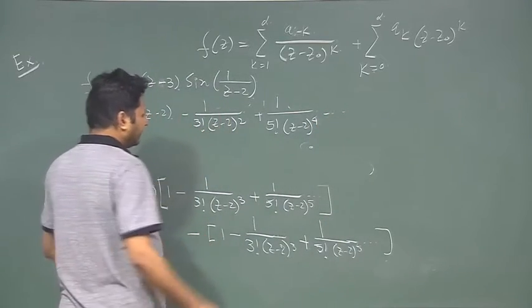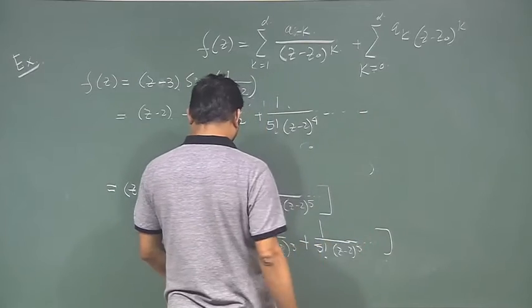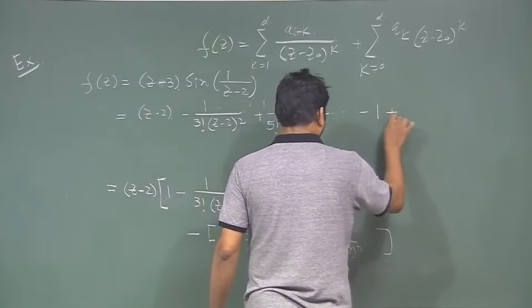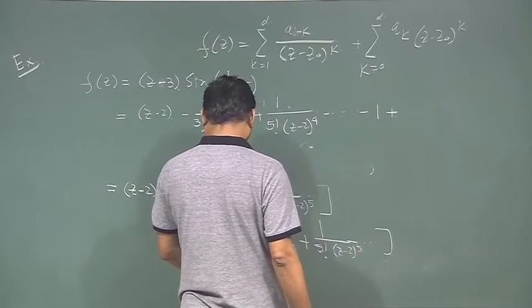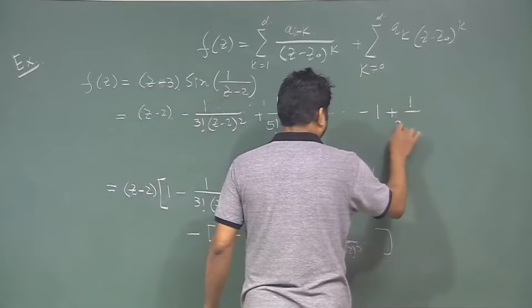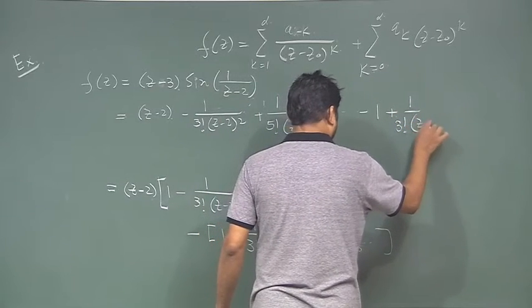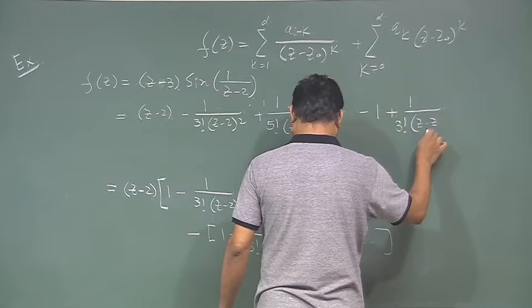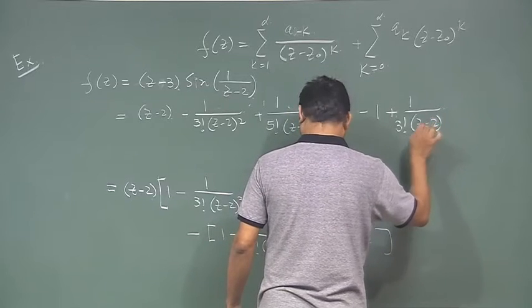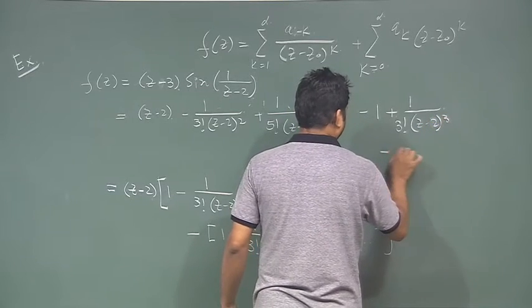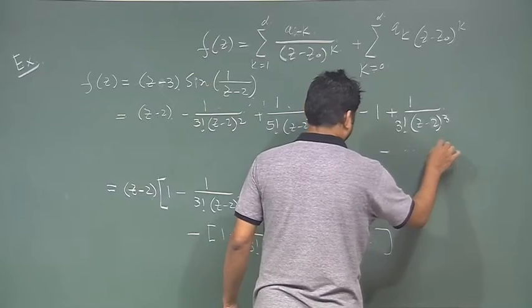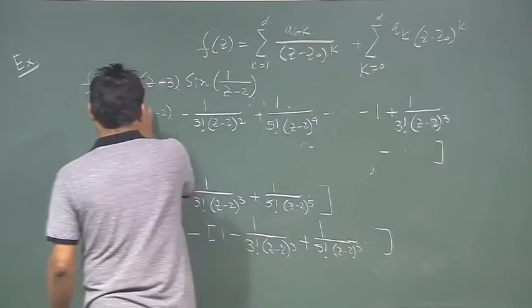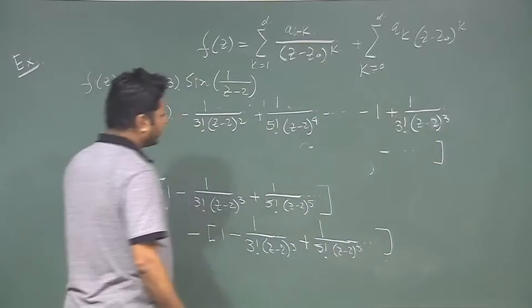Along with that we have this part also. So, minus 1 plus 1 by factorial 3 z minus 2 cube and so on. So, this is my total expansion.